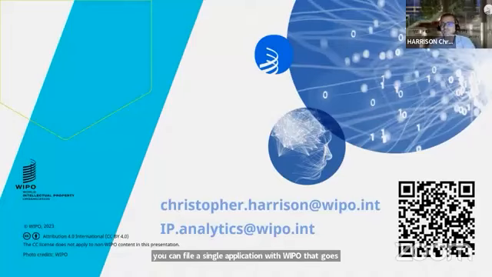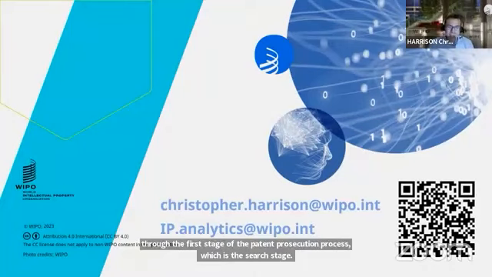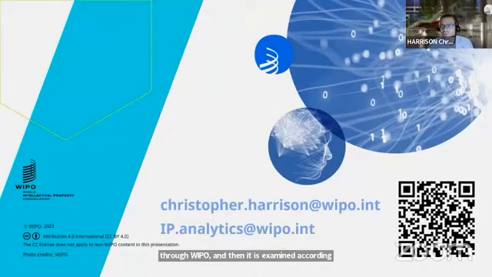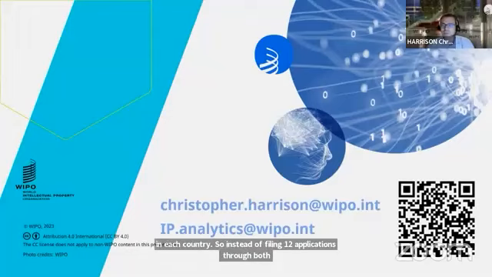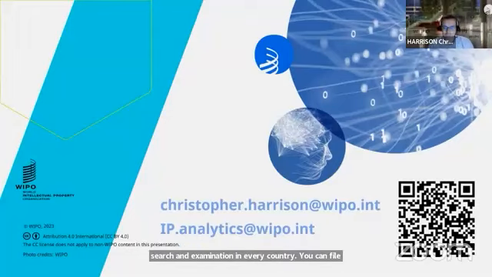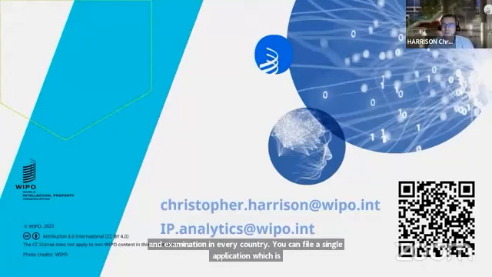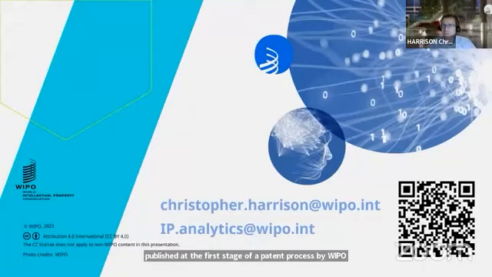It is then examined according to national law when it spawns these different applications in each country. So instead of filing 12 applications through both search and examination in every country, you can file a single application, which is published at the first stage by WIPO, and then it spawns national patents as it goes through the substantive examination process. So that's the reason for that.